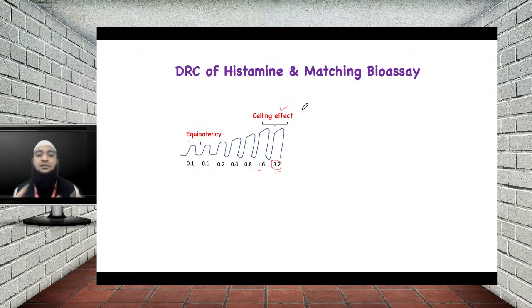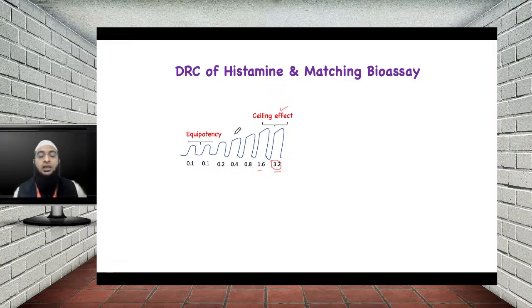Since there are no more histaminergic receptors present, although you increase the dose, it won't increase the response height, because the number of histaminergic receptors present in your tissue is limited. Since all these receptors are saturated, although you have given the double dose, it won't increase the response.